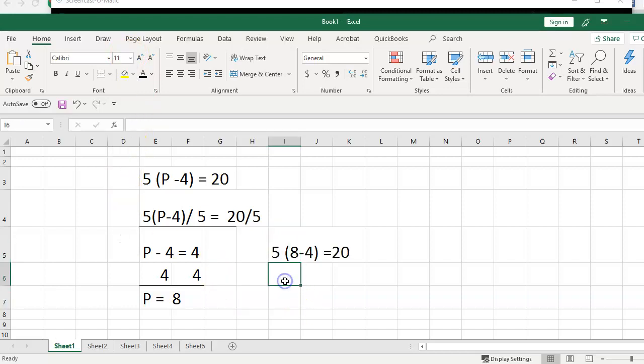What do you think? Let's see. So I take 5 times 8 minus 4, which would give me 4, and 5 times 4 does equal 20. Therefore, our equation is correct.